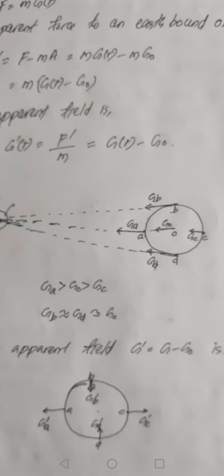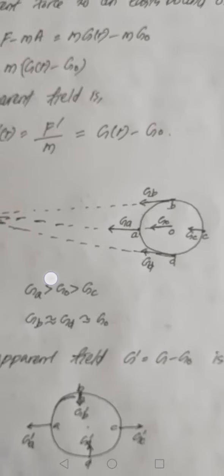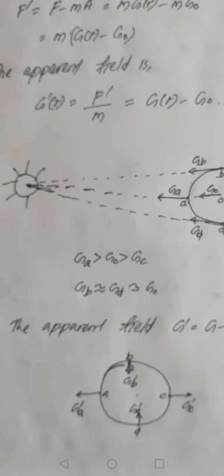The fields at B and D will be almost equal to G0, but their direction will be different. You can see the vectors, these are all vectors, and the vector is different. That I have written here.